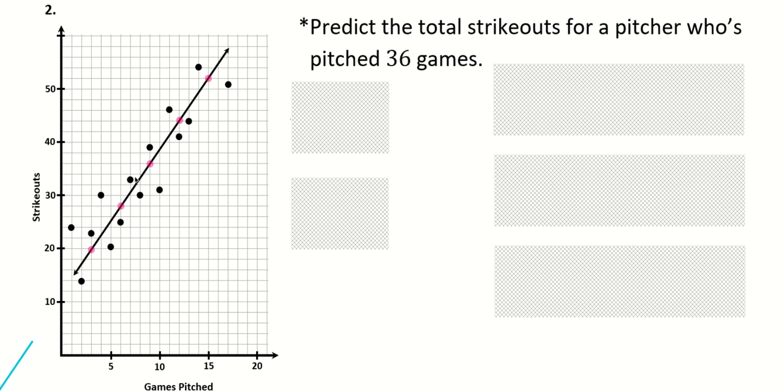Even this one, this scatter plot represents the number of games pitched along with the number of strikeouts that you have as a pitcher. You would think that this line would have to start at 0, 0. The fact that this line doesn't start at the origin, because if you pitch 0 games, wouldn't you have 0 strikeouts?